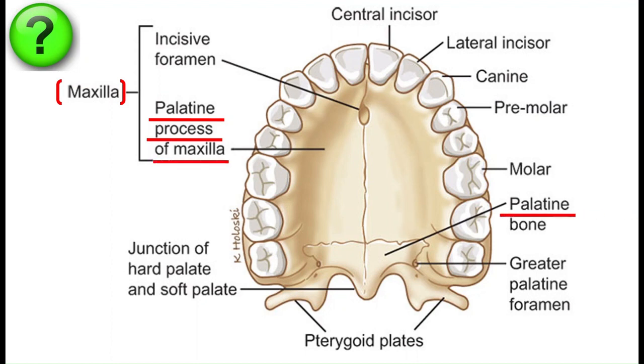Then the most posterior part is made by the palatine bone, and the palatine bone sends processes called the horizontal plates of palatine bone.